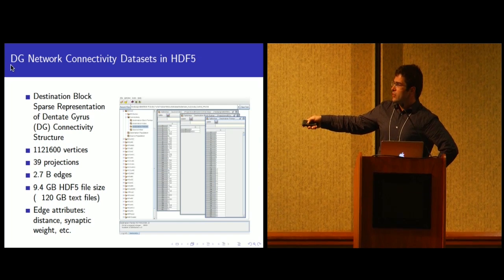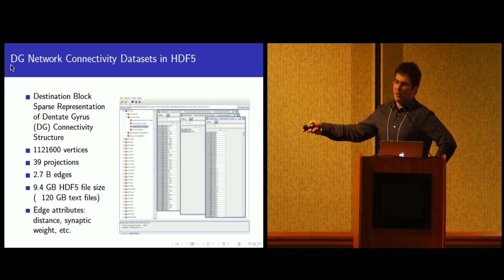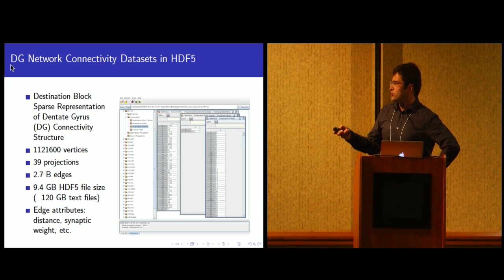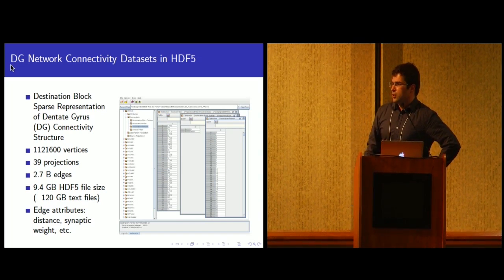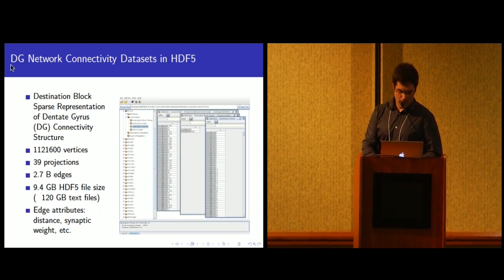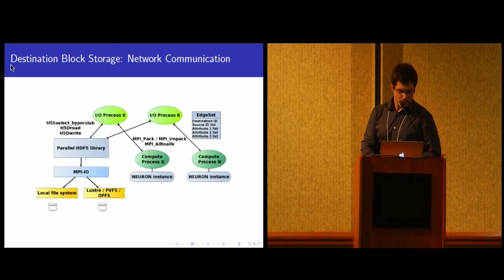The size of the graph as represented in text files was 120 gigabytes, and a compressed HDF file was just a little less than 10 gigabytes. This also included additional numerical attributes. So it wasn't hard for us to achieve very dramatic improvements using HDF.